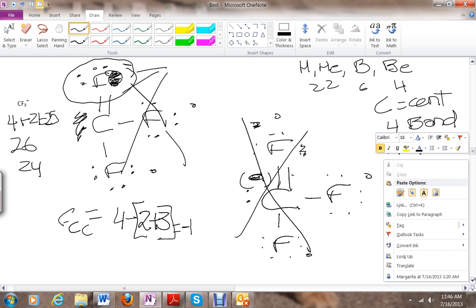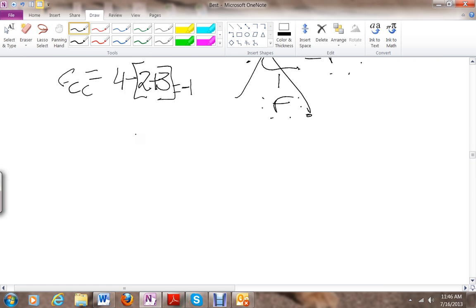Sorry, I'm erasing. The only possible Lewis structure for this would be an awful and painful exception, which is going to be this one. Having a negative formal charge on the carbon with one lone pair, two unshared electrons, which carbon hates. So again, let's look at the shape.